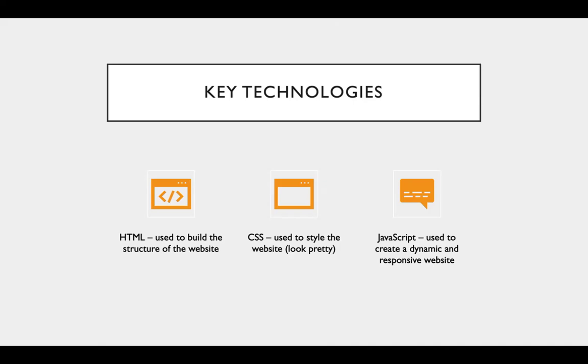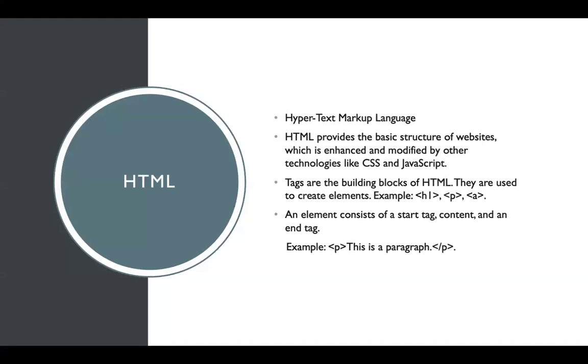And JavaScript is one of the languages that is used for responsiveness of your website. So if you want something to pop up when the user joins your website, some sort of alert to be displayed when they enter the wrong password or the wrong login info, this is all going to come from JavaScript.